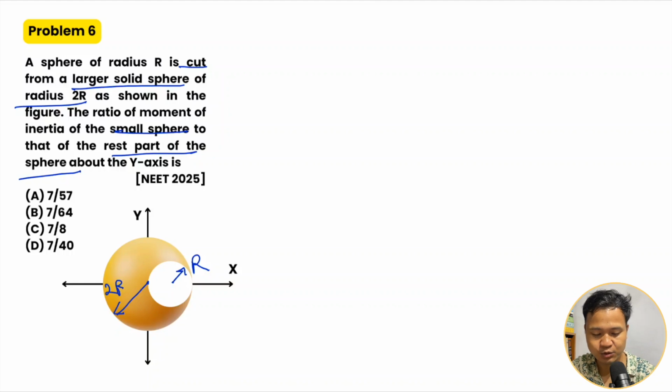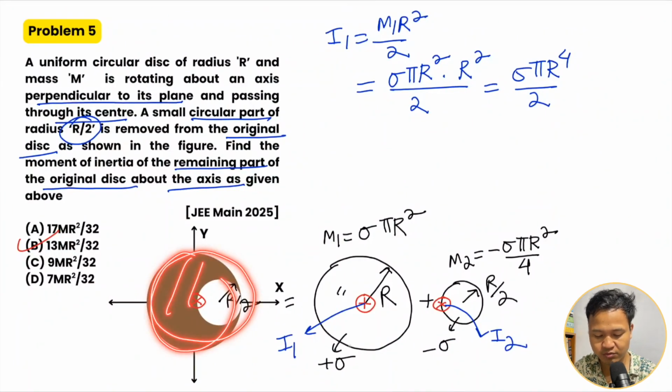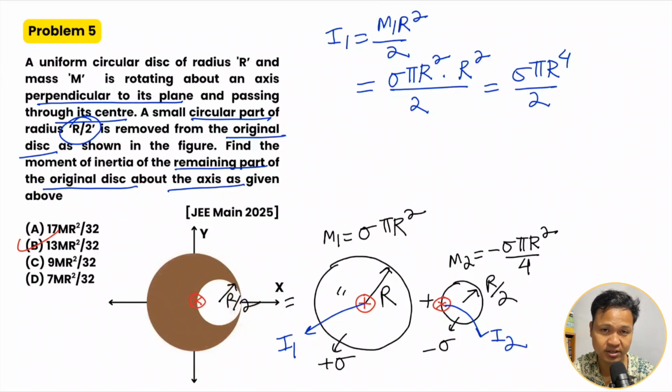See, the difference between this question and the previous question is that this is a solid sphere, so this is a 3D rigid body. In the previous question it was a disc, so we took the disc to have area, and the thickness of the disc is negligible, so we used plus sigma and minus sigma.